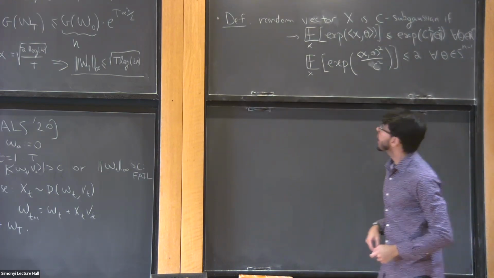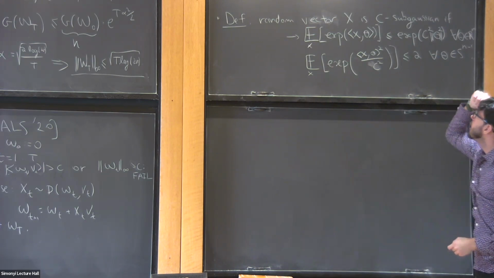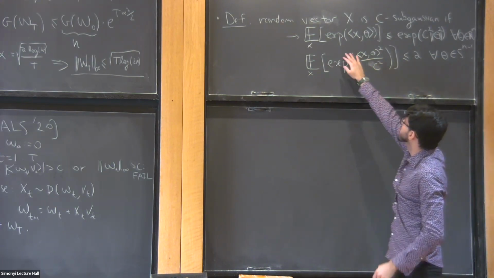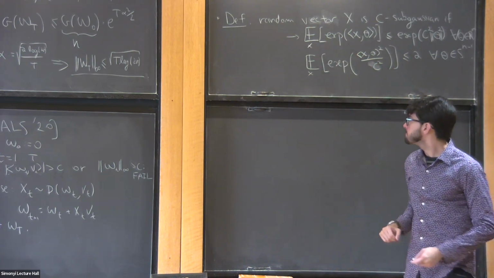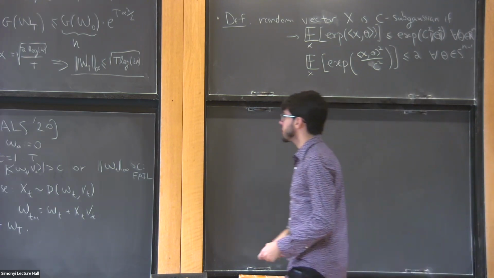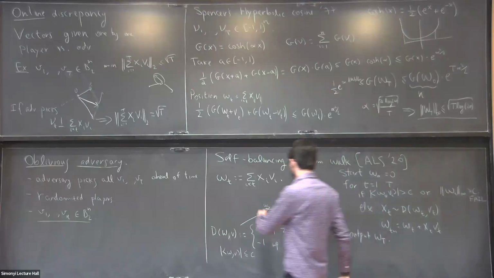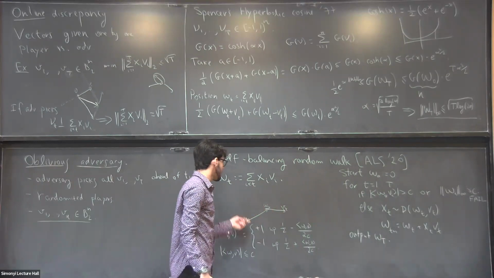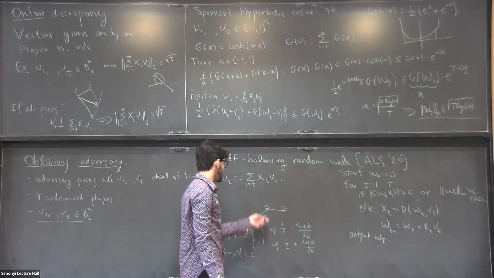So how do we prove this theorem? We're going to try to show this by induction. Recall what this is doing here: I'm at some position and I see a vector, and I sample either plus or minus 1 and I move in that direction.